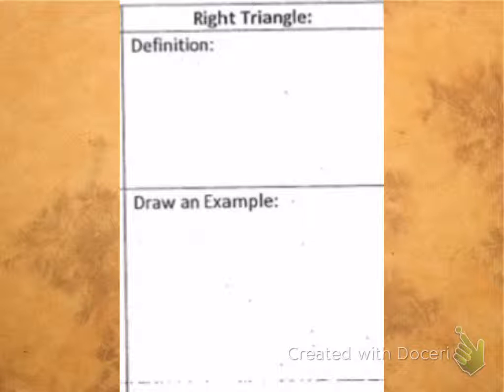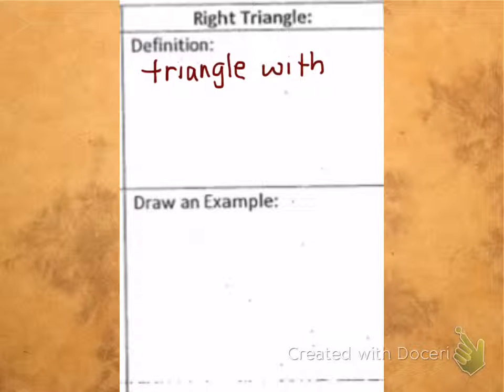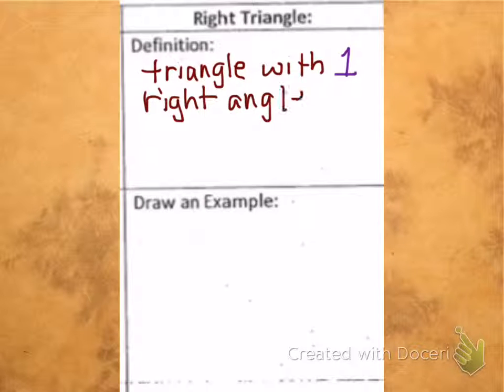And another kind of angle classification is a right triangle, and that is a triangle with one right angle. I'm going to change colors here to emphasize that one. Because you can only have one right angle in a triangle.